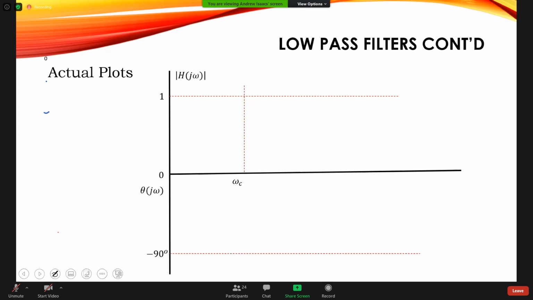So we know that the maximum is 1. Okay? We all know that. So at omega equals 0, what would the transfer function be equal to?